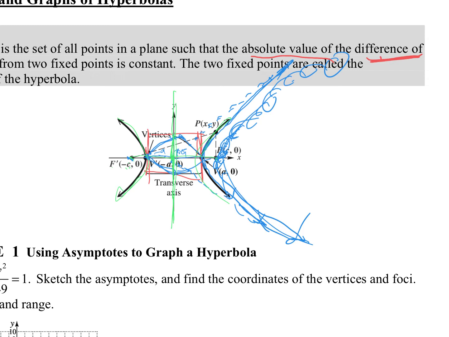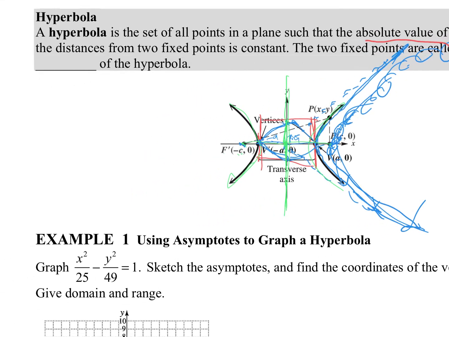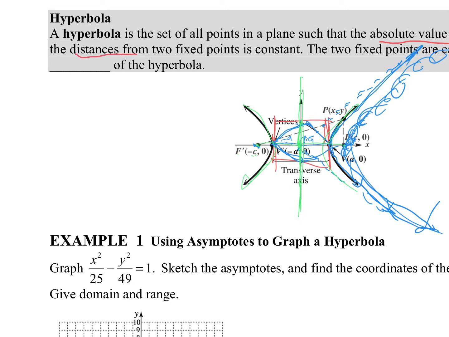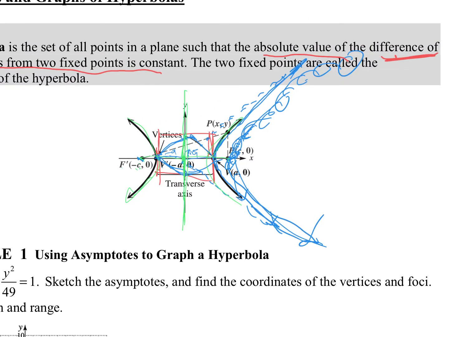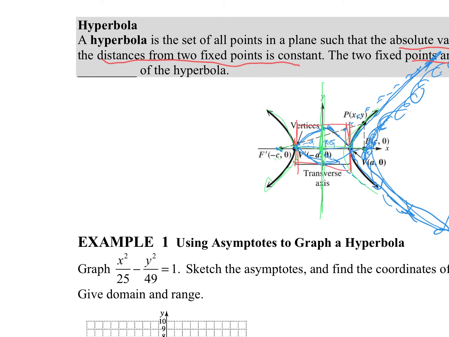A negative 5 versus 5 is still going to be 5. The absolute value of the distance between two fixed points is constant. The two fixed points are called, you got it, the foci of the hyperbola.